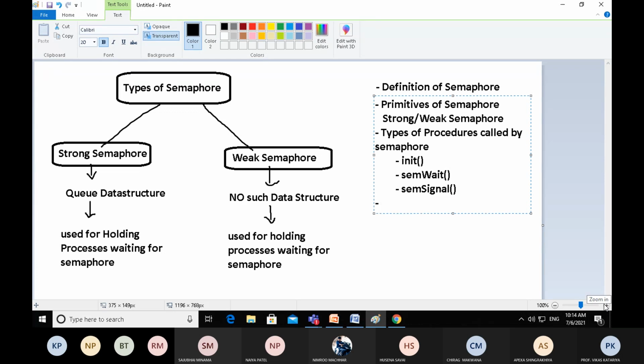And you should know the binary semaphore as well.